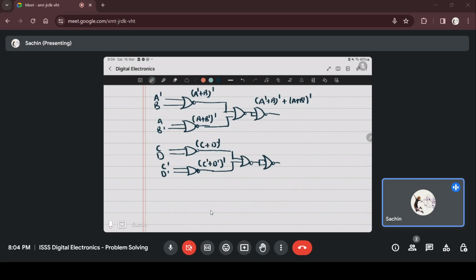So that will give you (c + d)' + (c' + d')'. You take those two and pass it through a NOR gate to get f. So that's the NOR gate implementation of that function.